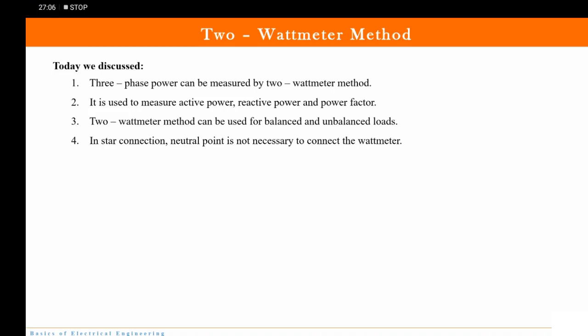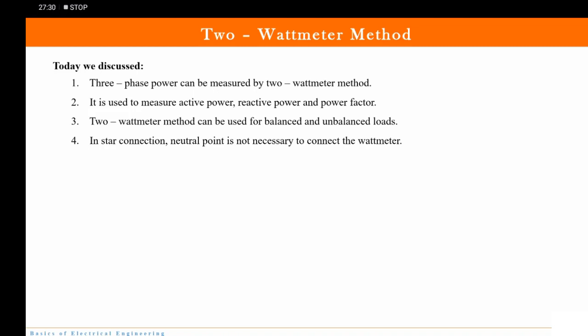Today we learned that three-phase power can be measured by the 2-wattmeter method, and it is very useful when we want to measure active power, reactive power, and power factor. Secondly, one of the advantages of the 2-wattmeter method is that it can be used for balanced load and also unbalanced load.